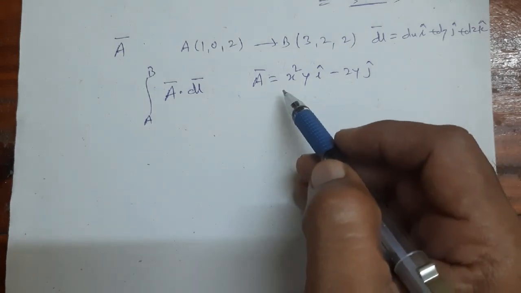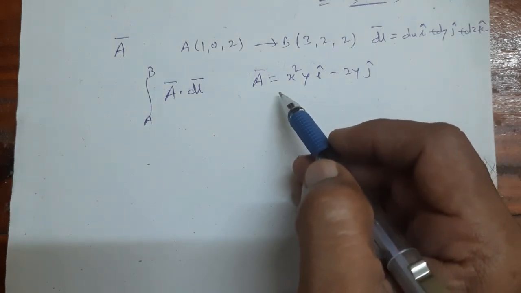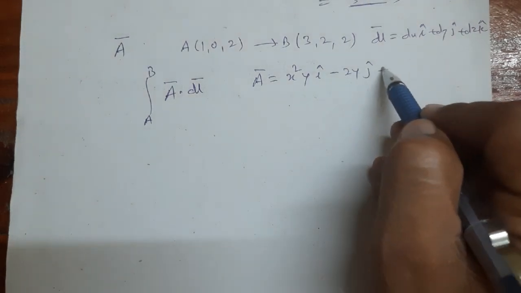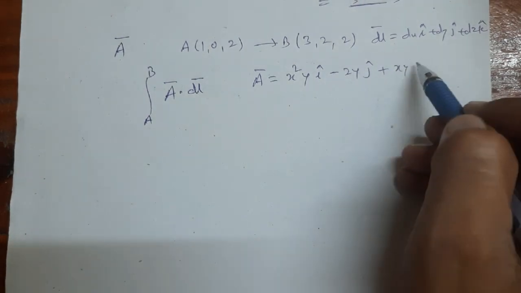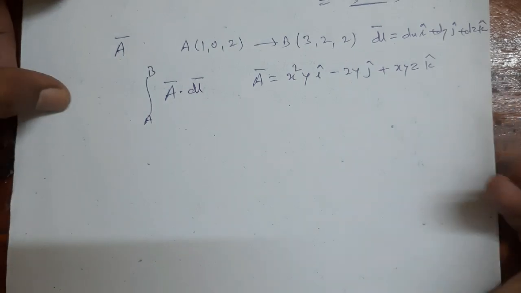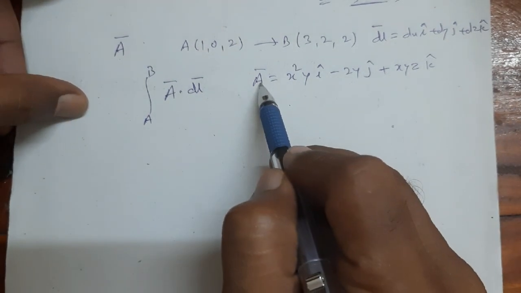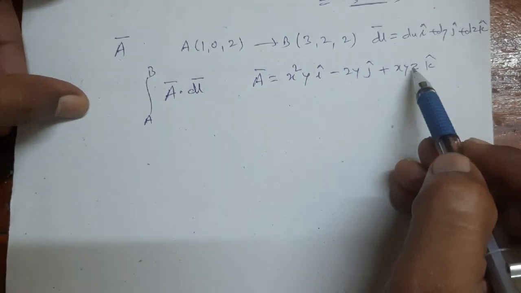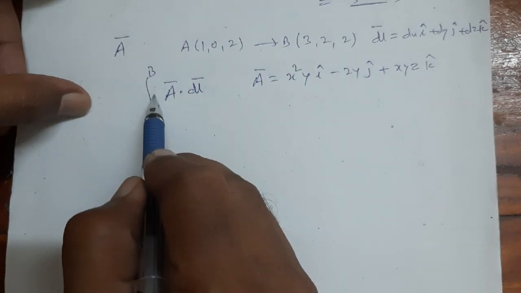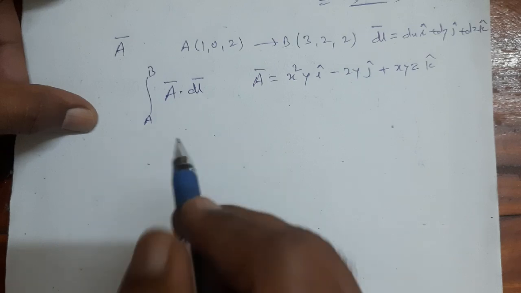Now the same idea can be used to calculate the line integral of any complicated function, but I will add one more term. It is say for example x y z k cap. Therefore now we will integrate this a bar along a line from a to b. That means I will calculate the line integral of a bar dot dl bar.